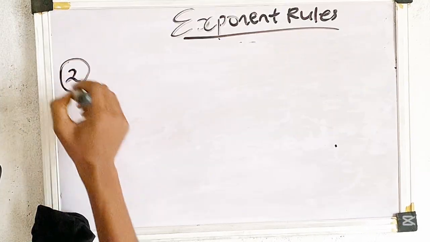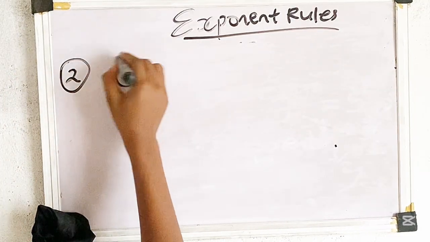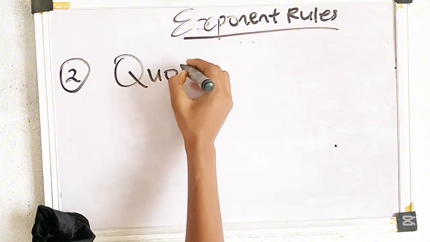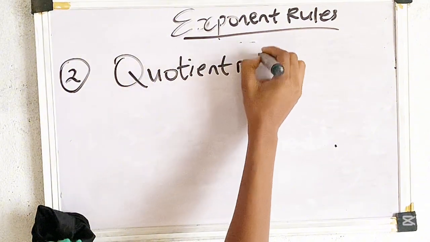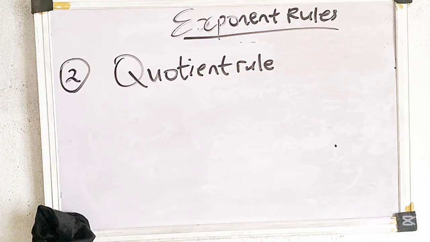The second rule is the quotient rule. The quotient rule is: when dividing like bases, subtract the exponents.